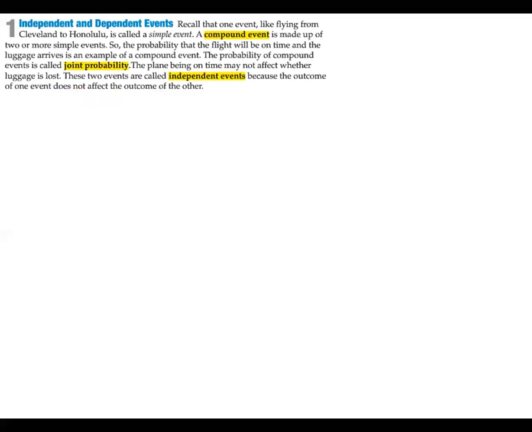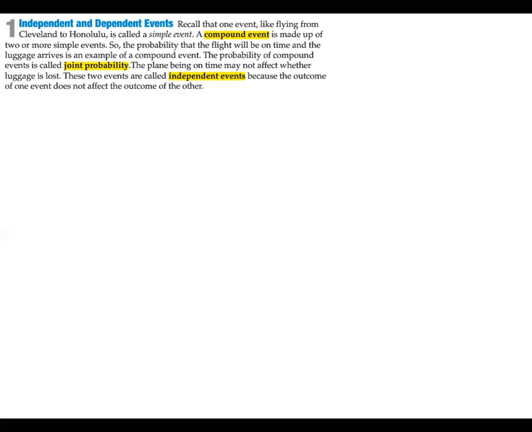One thing is the probability that the flight will arrive on time, and the separate thing is the probability that the luggage will arrive. That's a compound event because there are two separate things going on there. The probability of a compound event is called joint probability because it's two things kind of joined together, is how you can think of it.